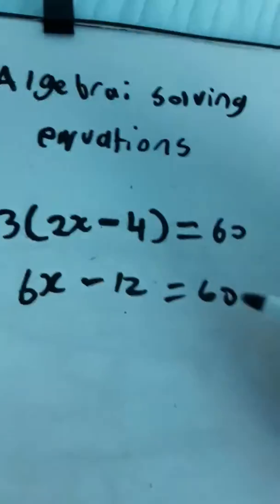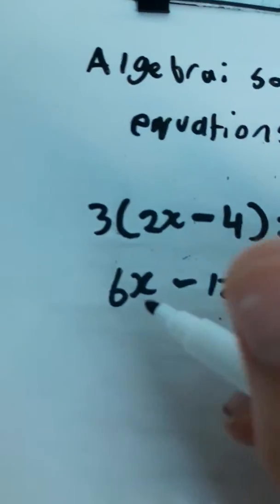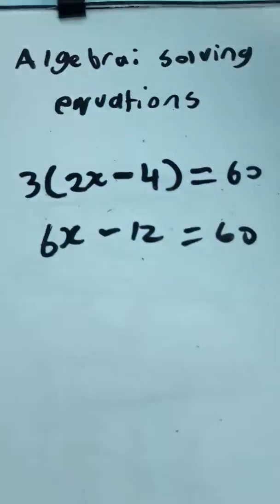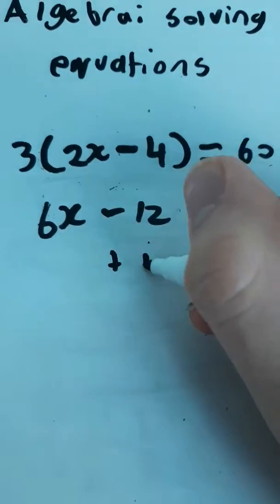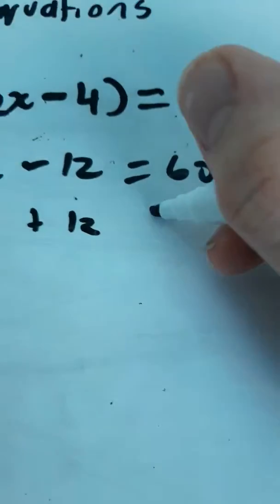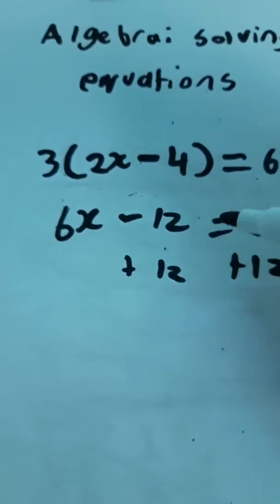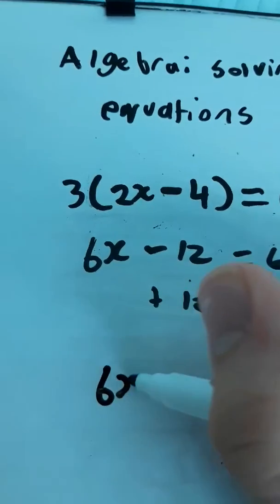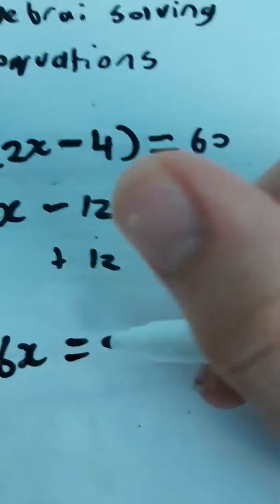So what you want to do is get rid of the minus 12 and the 6. So we'll get rid of the minus 12 first. And in order to do this, you want to add 12 to both sides of the equation. So now 12 is gone, that'll leave you with 6x. And 60 plus 12 is 72.